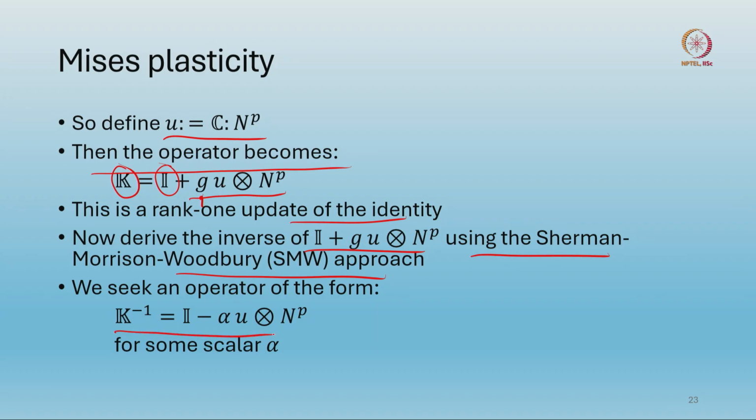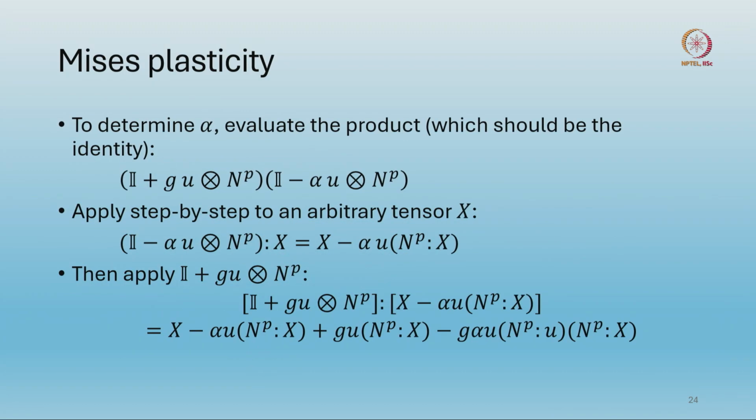Let us assume that there is a scalar factor alpha such that K inverse is I minus alpha times U tensor product NP, okay, for some scalar alpha. If that is true, then this is my K, this is my K inverse. So if you apply K on K inverse, you get identity, right. You should get.